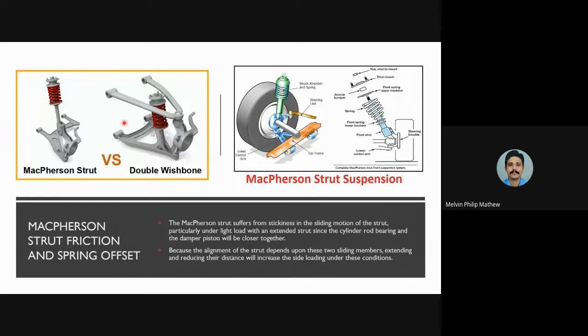If you are coupling a drive here, you can't provide a drive, but rather rear wheel drives are common in double wishbone. So you don't have to provide this shaft there, but when we are providing a shaft to the rear wheels, the vehicle is propelled forward and the front wheels are free to rotate. That is how in double wishbone rear wheel drives are done. But in MacPherson strut, you can do front wheel drive.